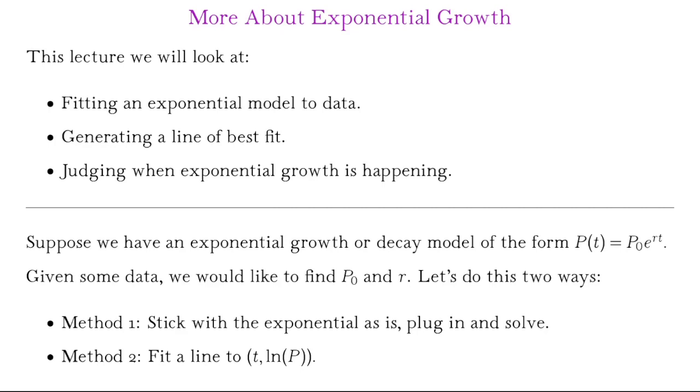So if you just handed someone this problem on a street, that's probably what they would do. The second way, we're going to take our model, convert it using the natural log function, and ultimately what we're going to do is find the slope and y-intercept of a line. And then we'll exponentiate that to convert it back to an exponential function. So stay tuned for that. Let's stick with method 1 for now.